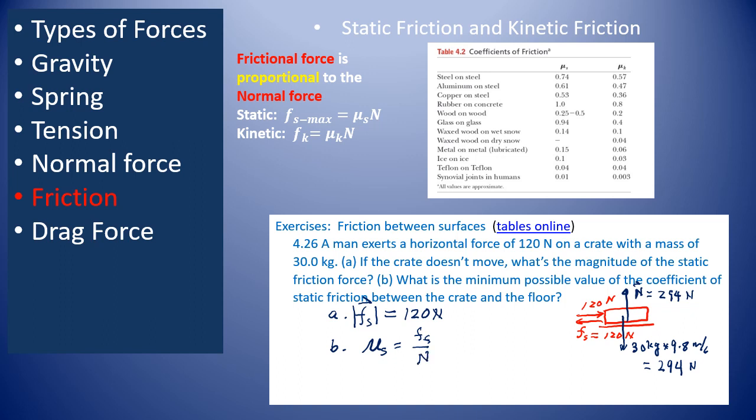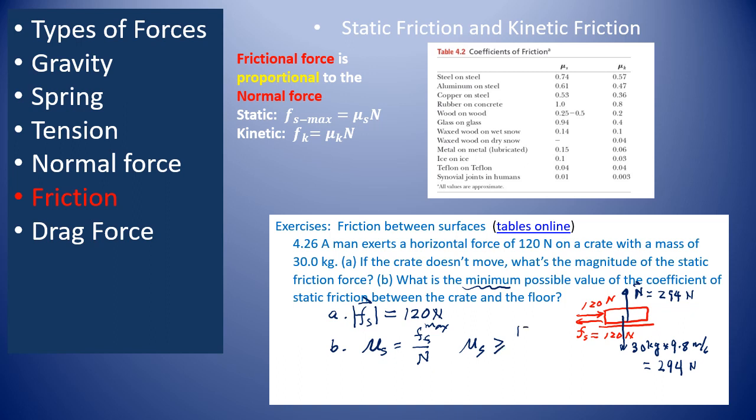The normal force is that. But it's not the maximum friction, because we don't know. So we talk about the minimum, at least possible value of this. Therefore, the friction coefficient should be greater than or equal to this ratio.